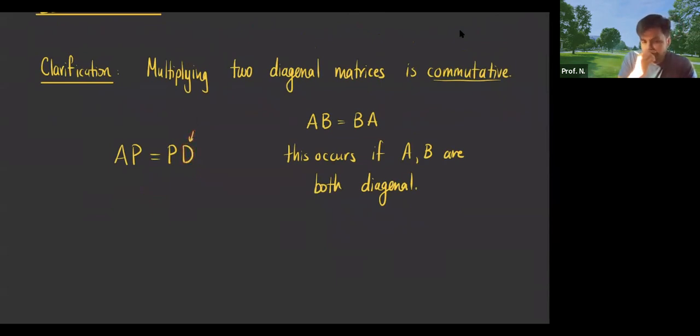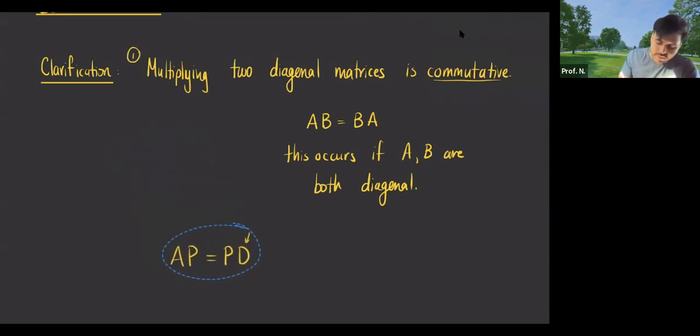That's not true. It's true only if both are diagonal. If they're both diagonal, then you can commute the product. But if it's just one diagonal matrix, then you can't. So that's one clarification that I just want to make clear.